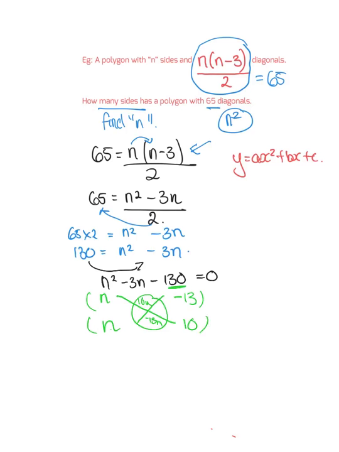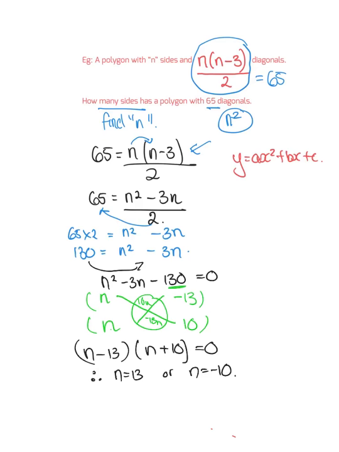So we've factorized it: n minus 13 and n plus 10 equals 0, so therefore n equals 13 or n equals negative 10.